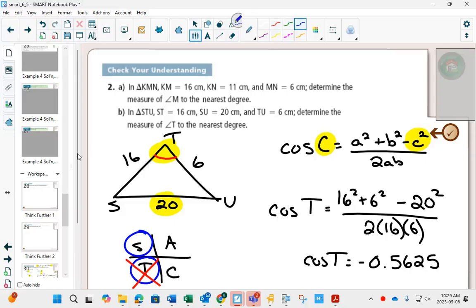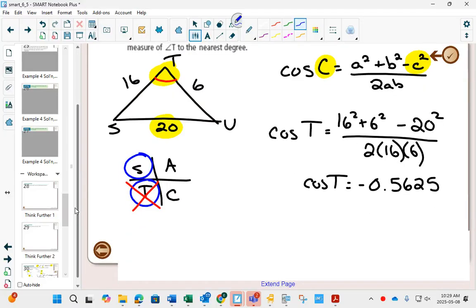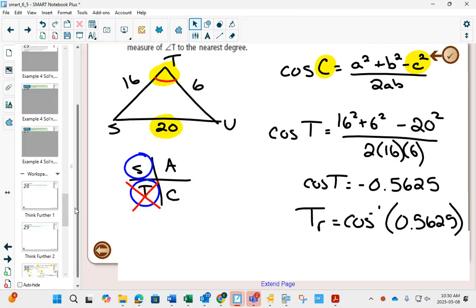But we do need to find our reference angle. Okay? We find our reference angle by doing what? Cos inverse of positive. So really important that with the reference angle, we always put in a positive value.